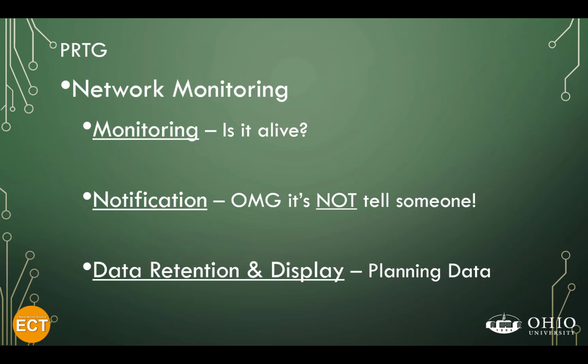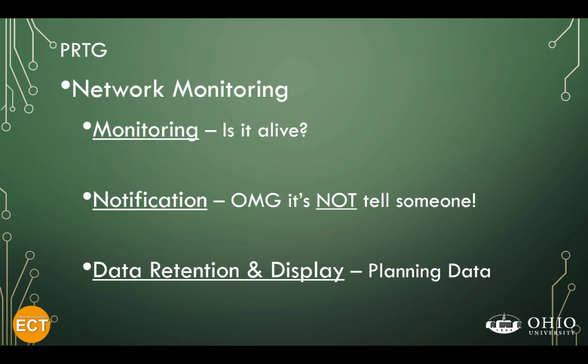Data retention and display tends to be what we do with network monitoring when it's not an emergency. When we're not in the middle of a notification crisis or a monitoring crisis, what do we do with all this data? Because you're collecting a ton of data that can be really useful for planning. We know things like, geez, the bandwidth on our uplink to the internet's really busy.